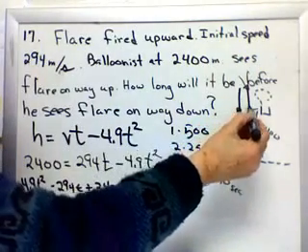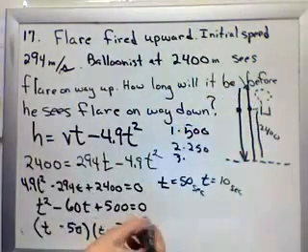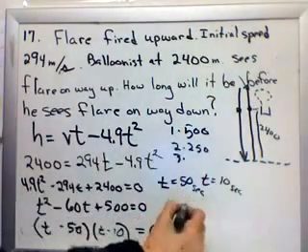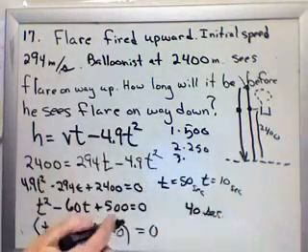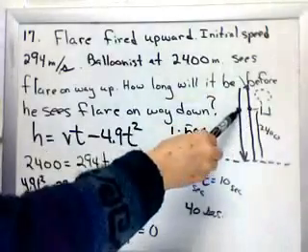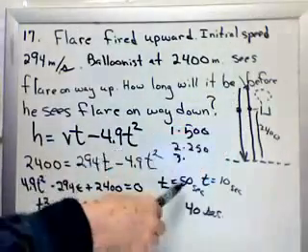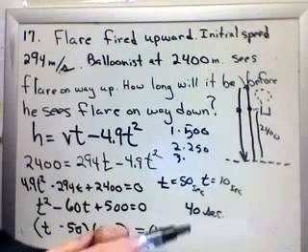The question is, how much time from the first time to the second time does he have to wait before he sees it again on the way down? And so the final answer to the problem is 40 seconds, because I have to subtract those two times, right? I saw it after 10 seconds, and I wait 40 more seconds, and I see it again, and the 40 more is 50. So it's a little bit tricky of a problem, but I think you can do it.